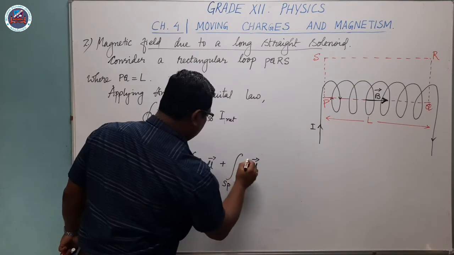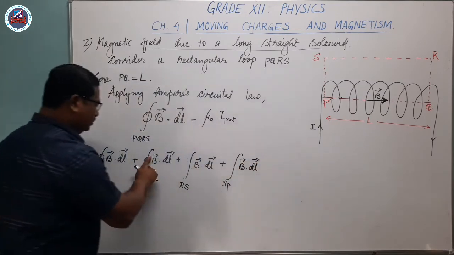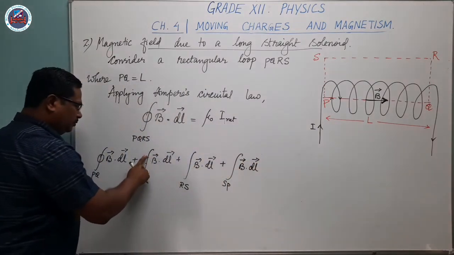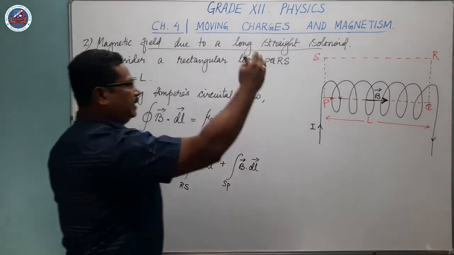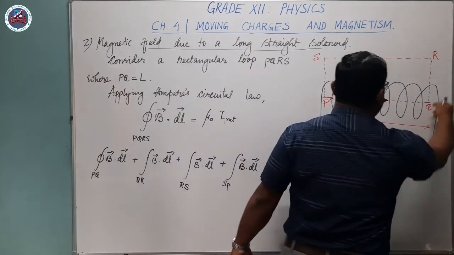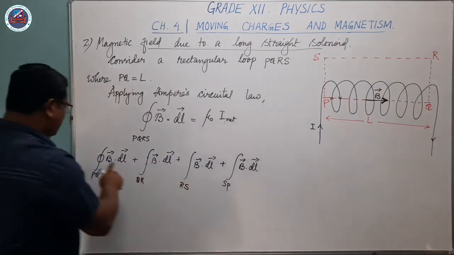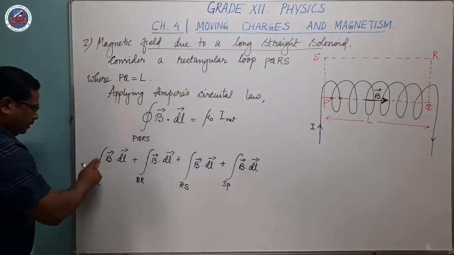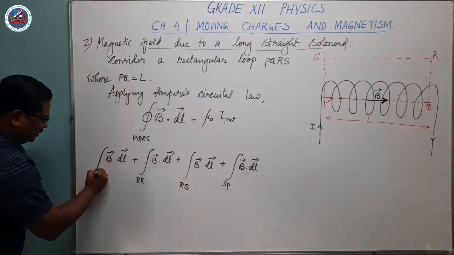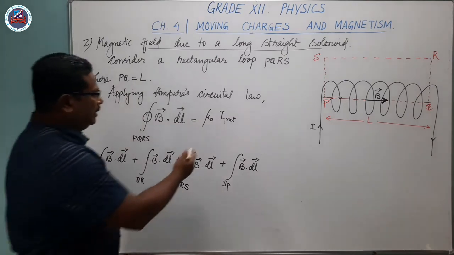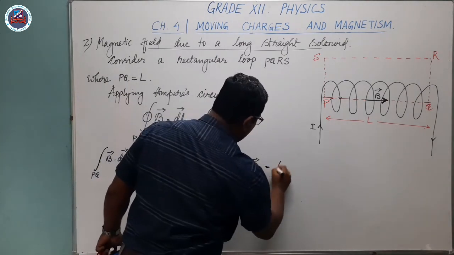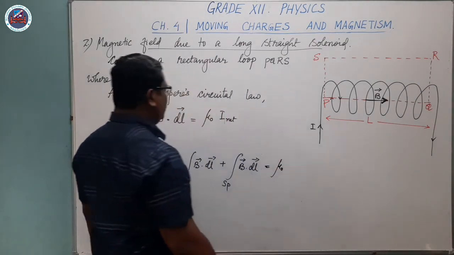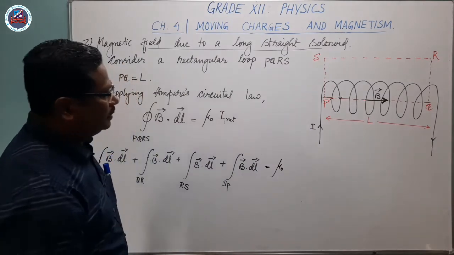Here they are not forming a loop, so even if you don't put the circle, it's okay, it's not forming a closed path. It is a straight line. PQ is a straight line, QR is a straight line, so you can take simply the integration. And here mu naught times the net current, that you'll have to write down now.